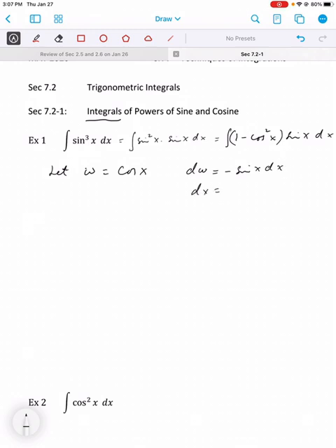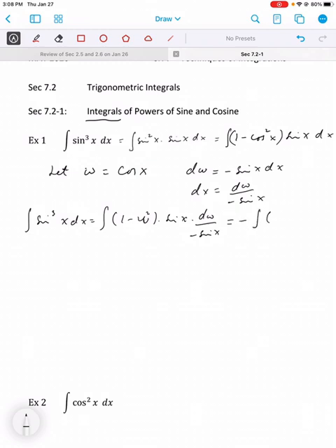So our expression, the integral of sine cube x dx, can now be written as the integral of 1 minus w square times sine x times dw over minus sine x. Sine x and sine x cancel out and we are left with the integral of negative 1 minus w squared dw, which can be easily anti-differentiated. If you want, you can think of it as w squared minus 1 and then integrate. I think that will be easier.